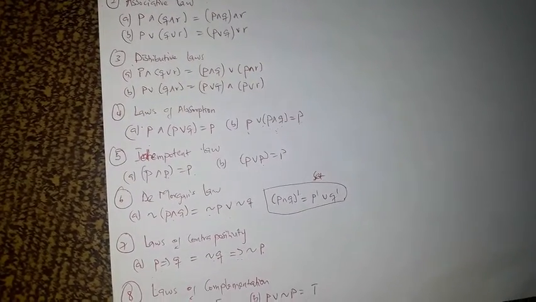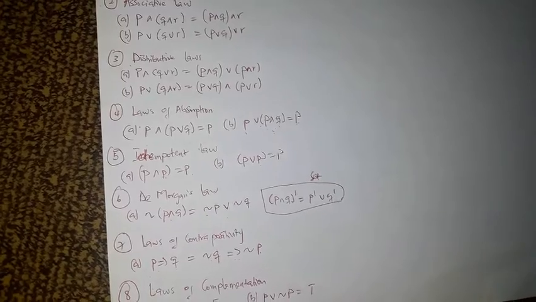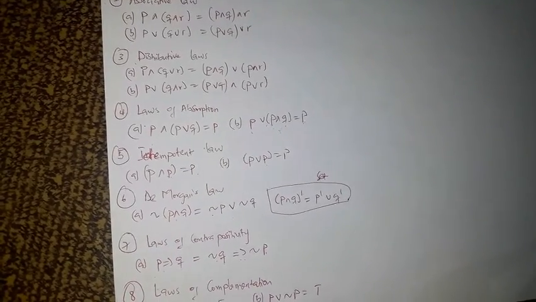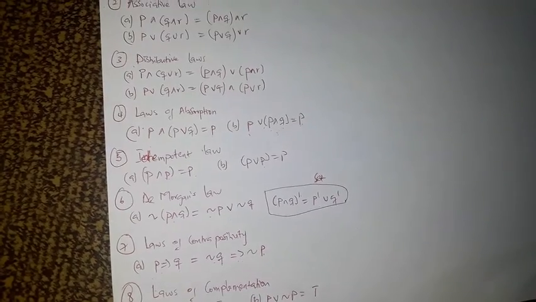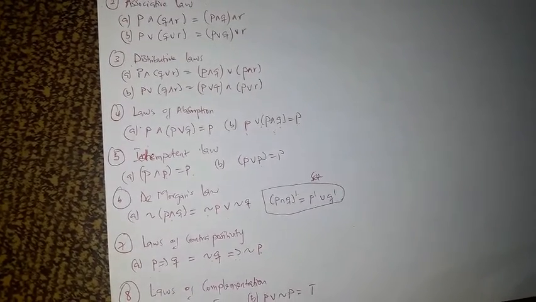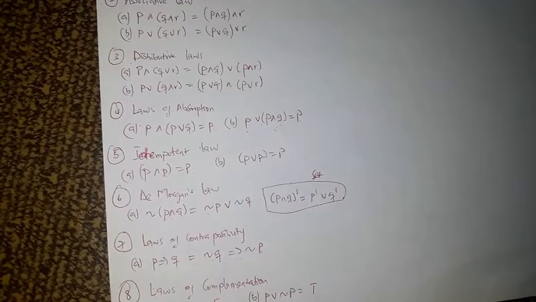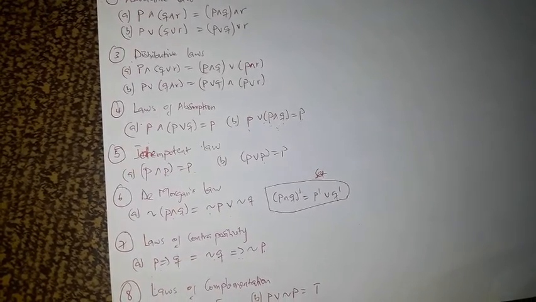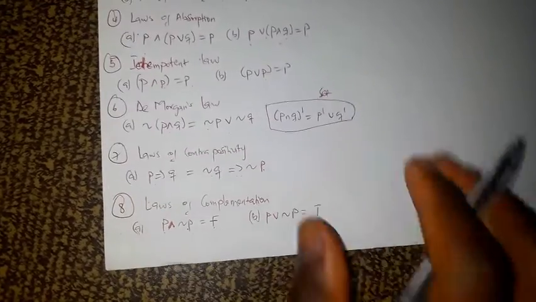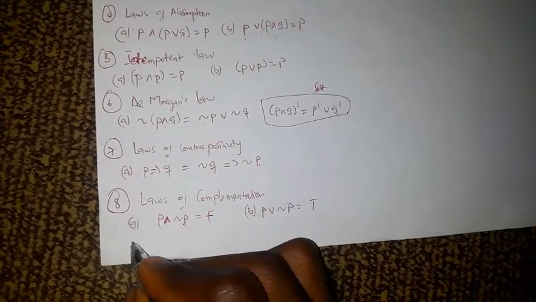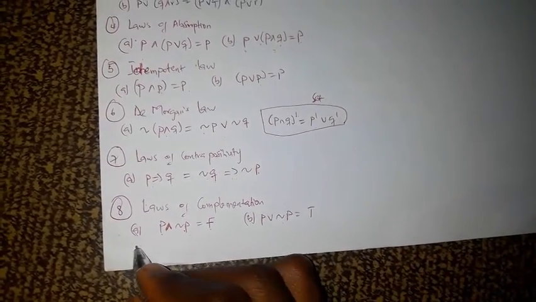If I find not P, I'm going to have Q. So P and Q will give me false, because this is said to be true only when both P and Q are true. But here I have not P, which is Q.